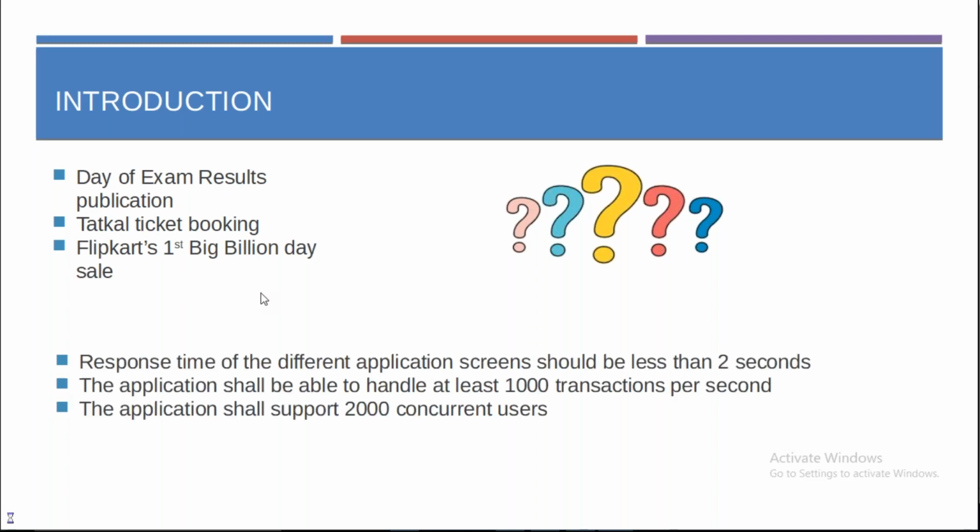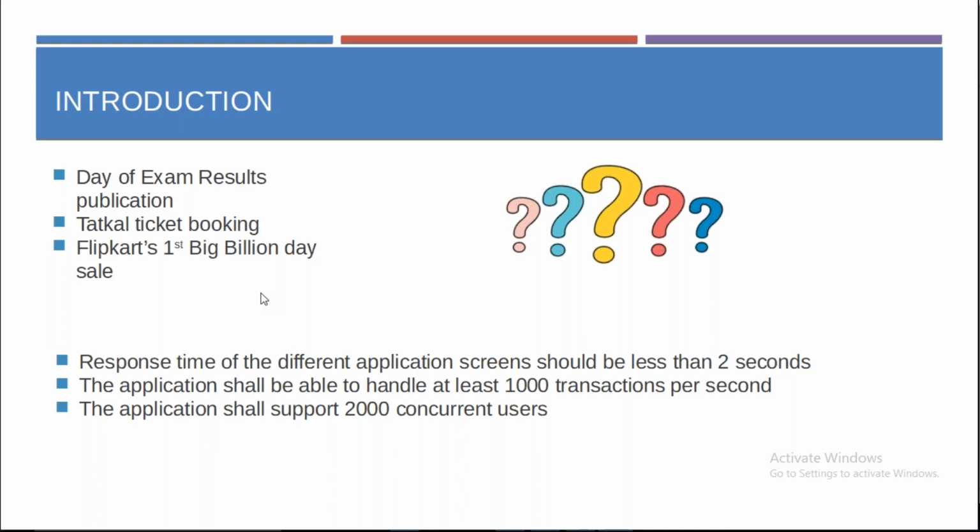So this relates to the performance of the application. Now, when I say performance, what does it refer to? It refers to the performance requirements, right? What should be the requirements of an application? For example, response time of different application screens should be less than 2 seconds. If I have a web application, the screens should load within 2 seconds for the user.